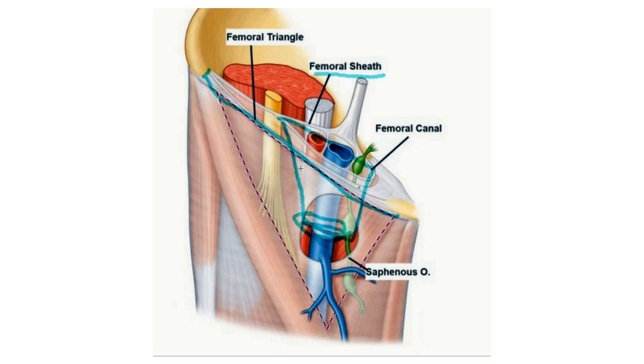Now, the femoral sheath is actually the continuation of the iliopsoas and transversalis fascia of the abdomen. The iliopsoas and transversalis fascia of the abdomen will continue downwards or inferiorly as the femoral sheath, and the femoral sheath will terminate inferiorly by becoming a part of or fusing with the adventitia, the outer covering of these femoral vessels.